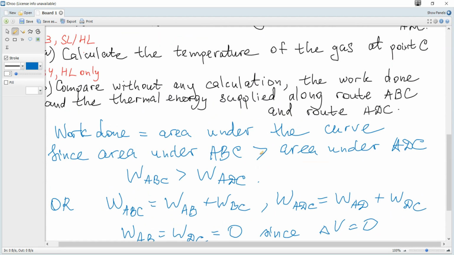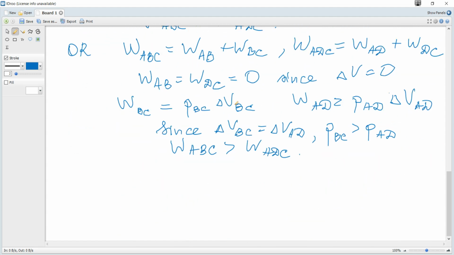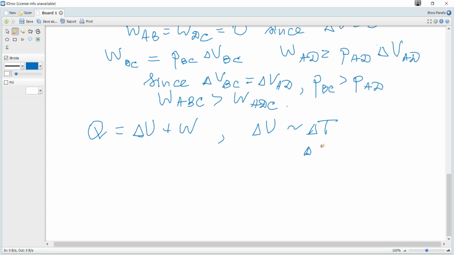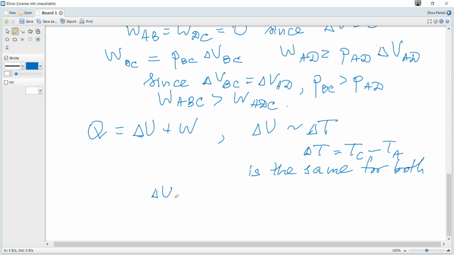And then about the thermal energy supplied, the formula is change in internal energy plus work done, and we know that change in internal energy is directly proportional to change in temperature. The formula is given in the data booklet, and delta T is equal to Tc minus Ta, and is the same for both, and hence delta U for ABC is equal to delta U for ADC.